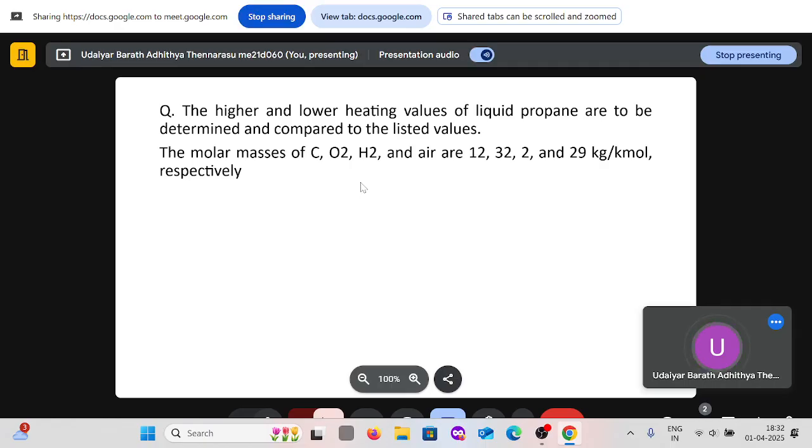So moving on, the next question: the higher and lower heating values of liquid propane are to be determined and compared to the listed value. The molar masses of carbon, oxygen, hydrogen and air are 12, 32, 2 and 29 kg per kilomole respectively.